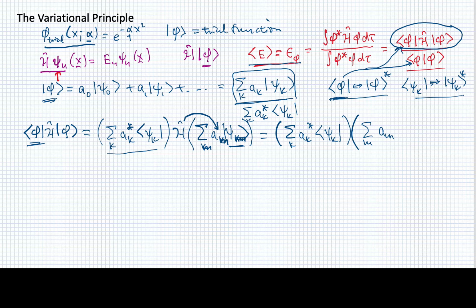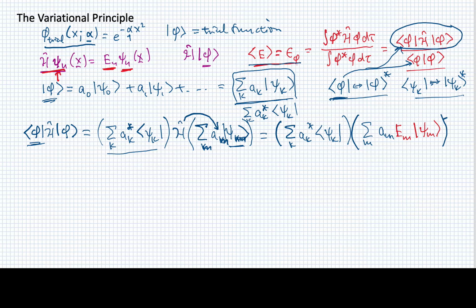But let me remind you, the Hamiltonian operating on one of its eigenstates gives you an energy level of that eigenstate. So in fact, when I operate on this, I'm going to have E sub m times this wave function. All right, so what I've done is operate that Hamiltonian on this.